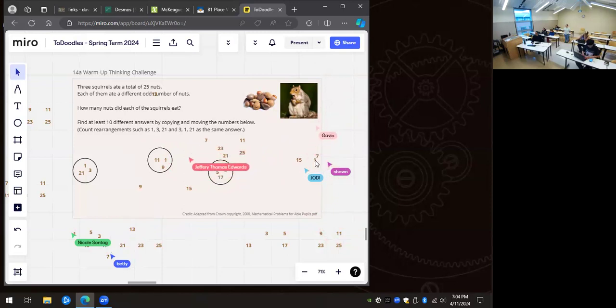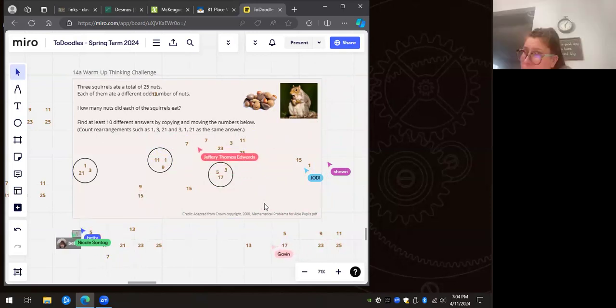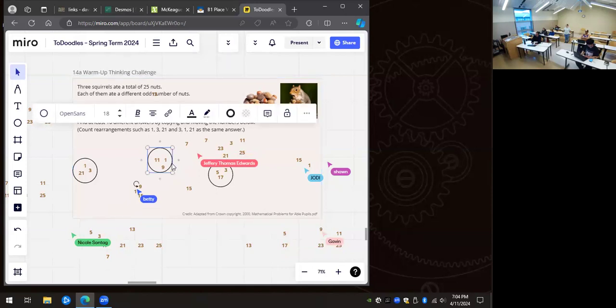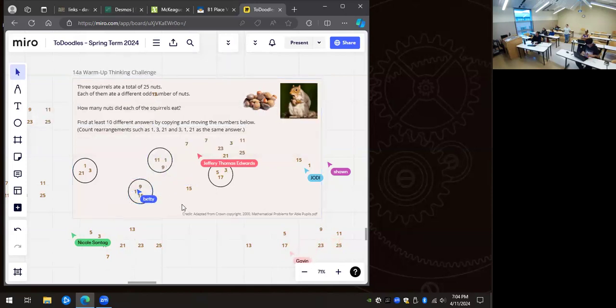So 15 and 7 is 22. That one we need a little more. So let's keep the 1, but get rid of the 7. What can we put with 15 and 1 to make it work? Betty got it faster. Okay, so yes, 15, 9, and 1 works. Good enough for now.